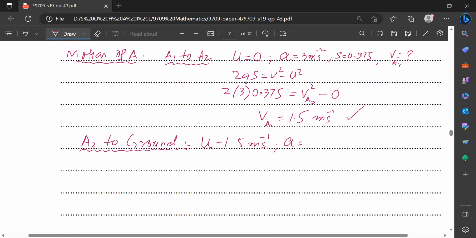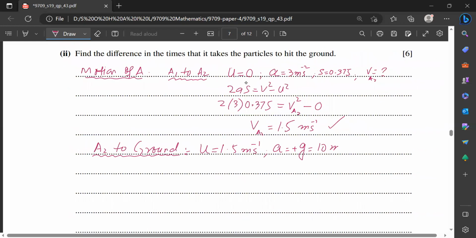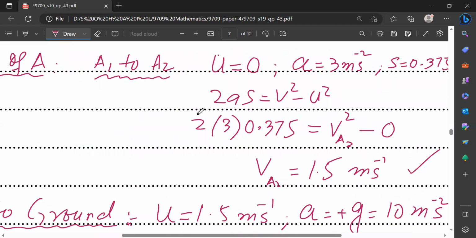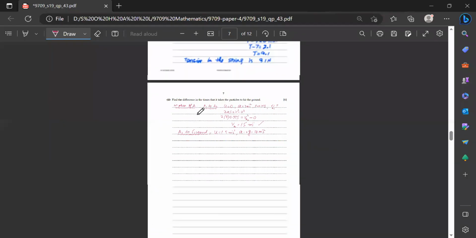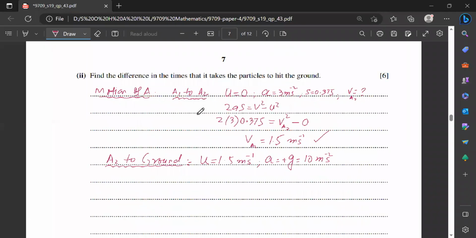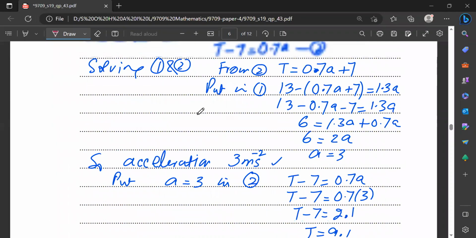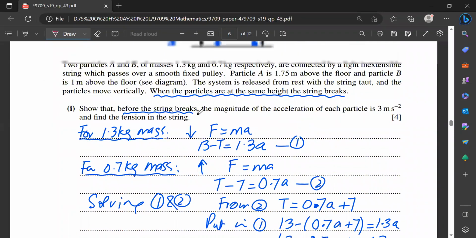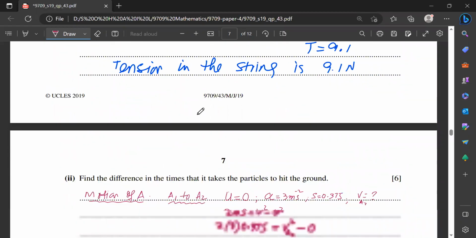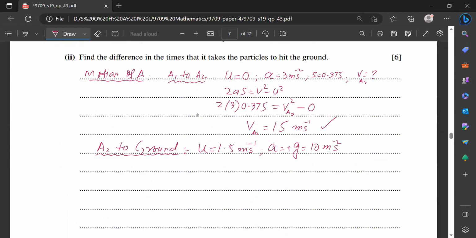The acceleration due to gravity, moving down, is plus g, meaning 10 meters per second square. And the distance moved by the particle from A2 to the ground is 1.375. 1.375 is the distance moved by the particle from A2 to the ground.